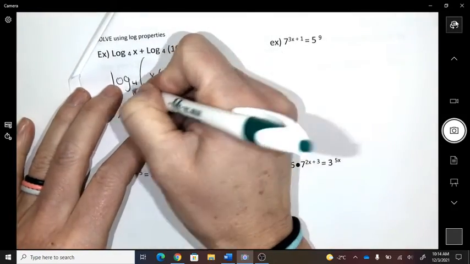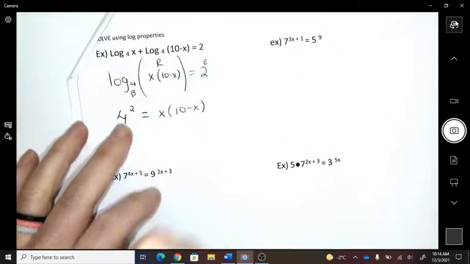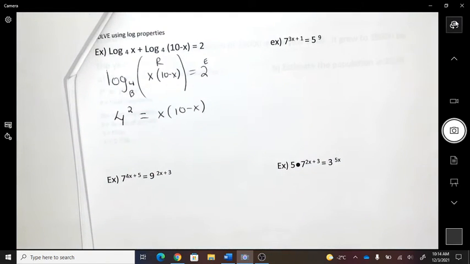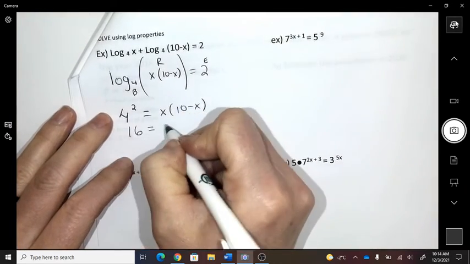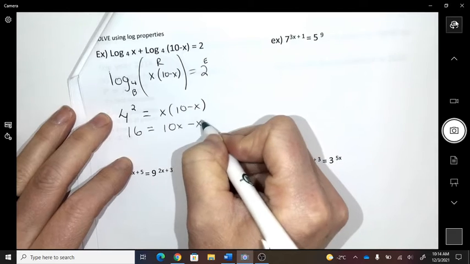Right? Base, result, exponent. Those are your components, right? Remembering where they are. Okay, so I'm going to work to simplify some stuff here. So 16 equals 10x minus x squared.